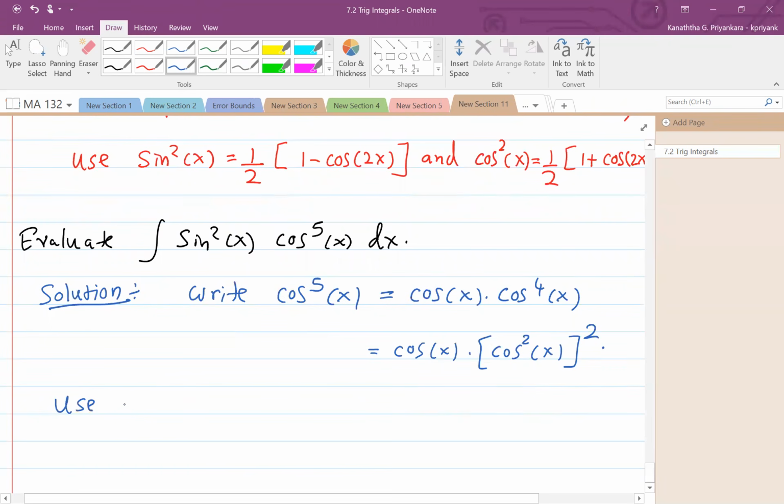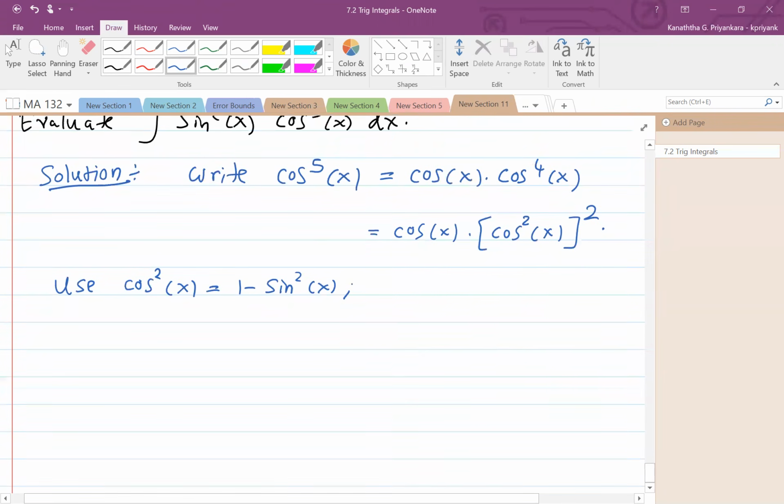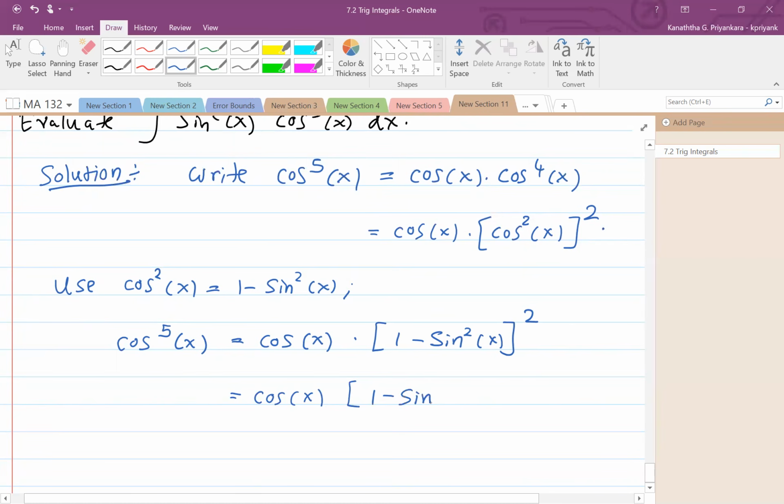So then use cosine squared x equals 1 minus sine squared x. From that we can write cosine to the power 5x as cosine x times 1 minus sine squared x to the power 2. Now you can square this. So you can write this as 1 minus sine squared x times 1 minus sine squared x.